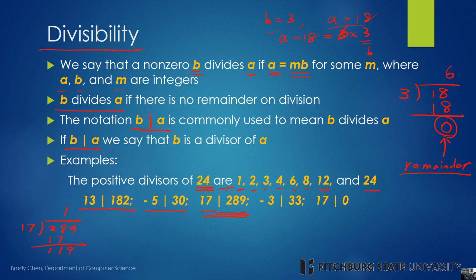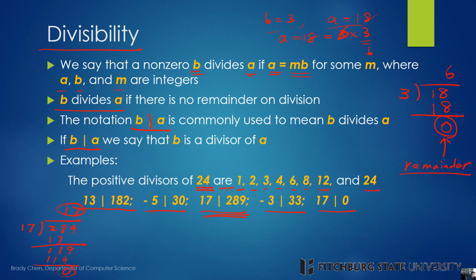Then we can put the 7. 7 times 17 is 119. That's 0. So 289 divided by 17, the quotient is 17 and the remainder is 0. So 17 divides 289.